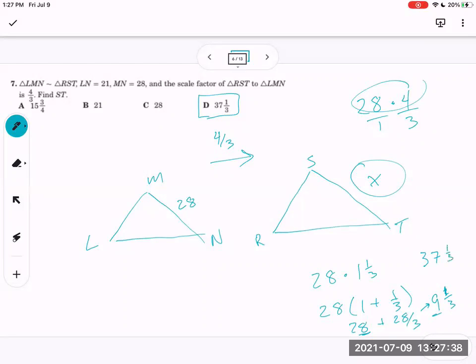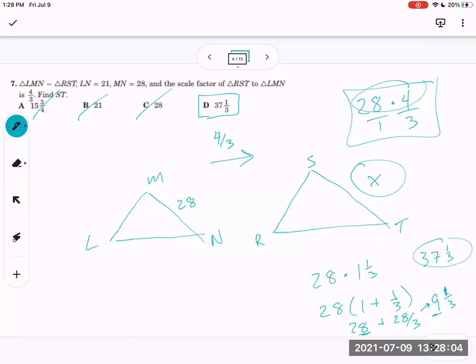37 and 1/3. But looking here, this is another little piece of advice for you. When you're taking a multiple choice test and you know you've got the right answer, sometimes you don't have to actually do the work. That's not 28 times 4/3, that's not 28 times 4/3, and that certainly isn't. Because 28 times 4/3 has got to be more than 28.